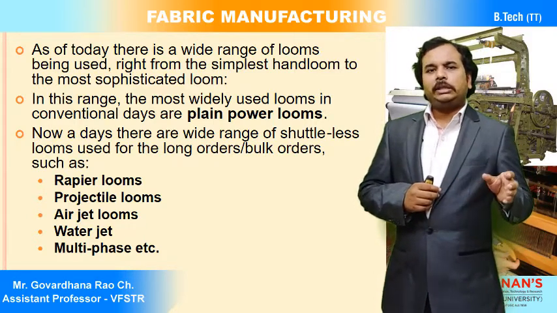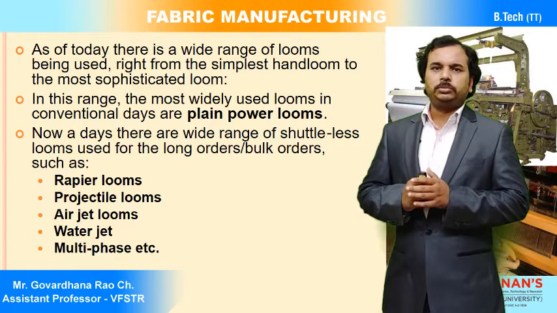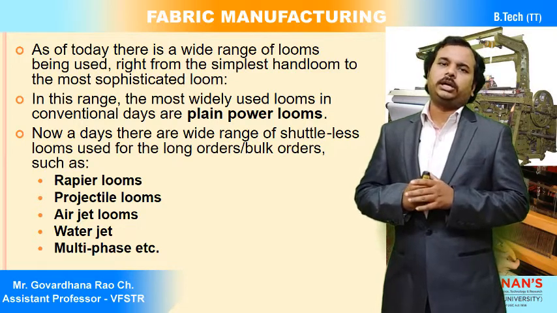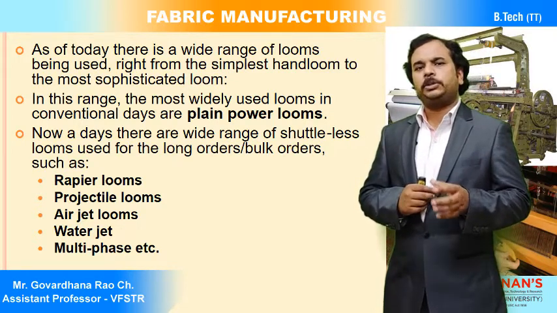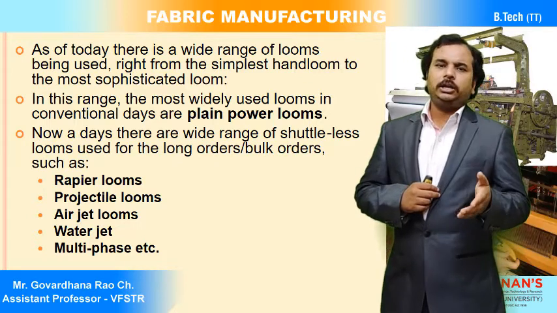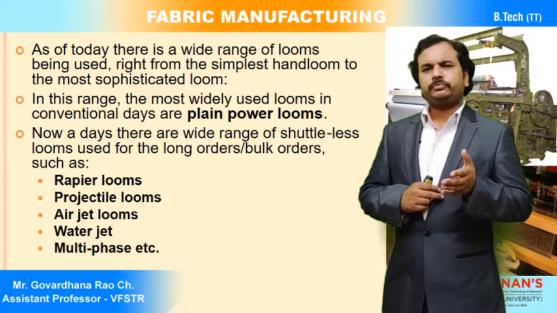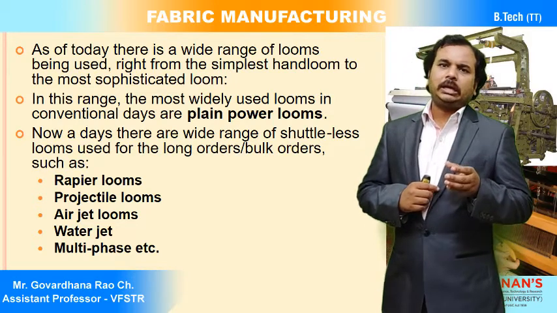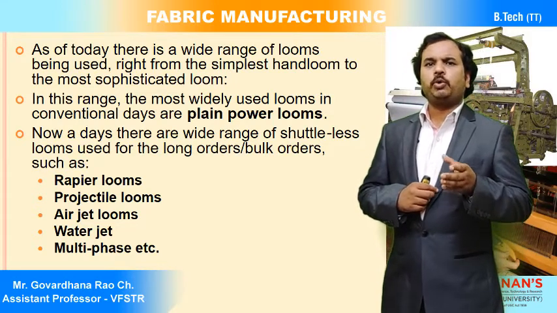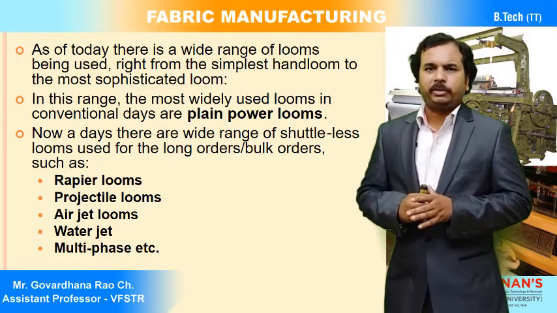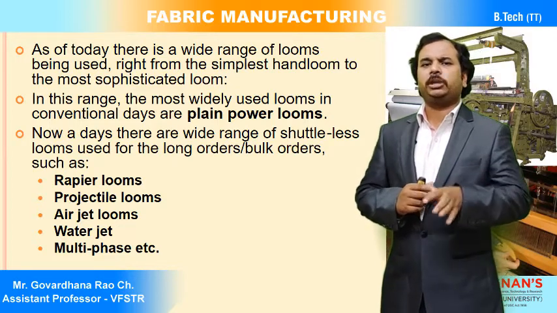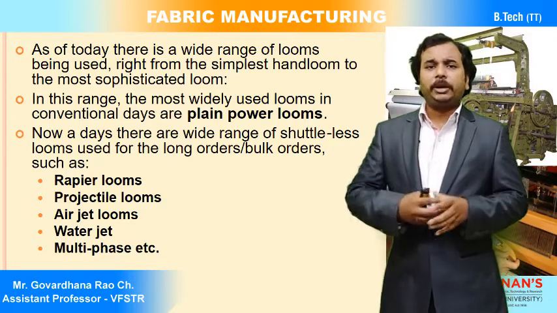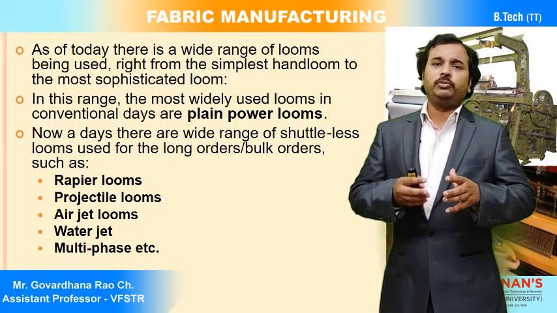Now plain power looms can work at a speed of 200 picks per minute, so you will get 10 meters to 20 or 30 meters of fabric, depending upon the picks per inch and a few working parameters.